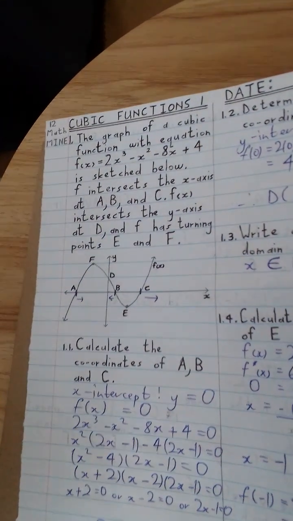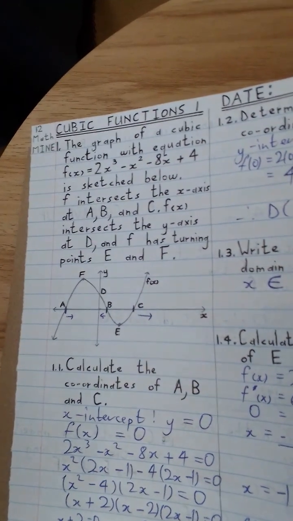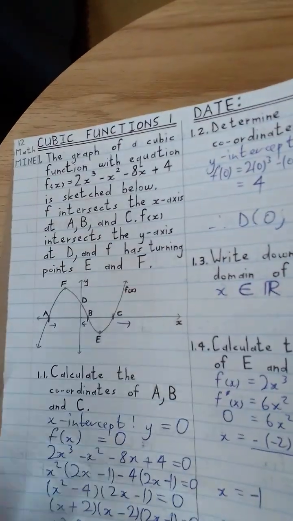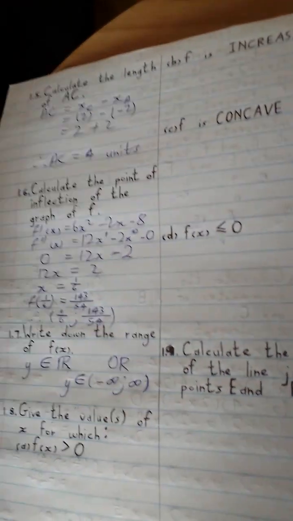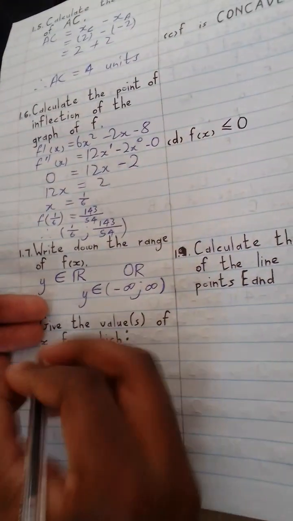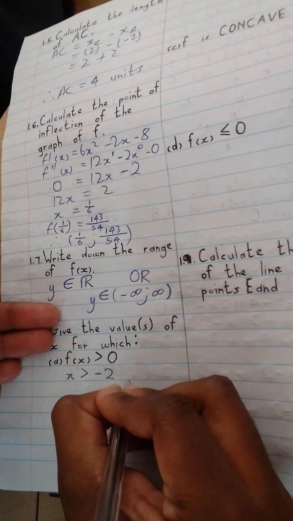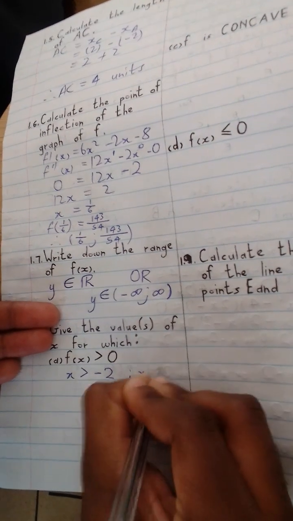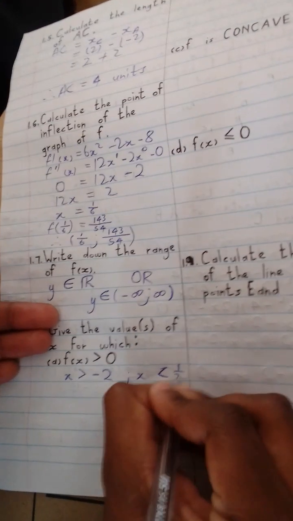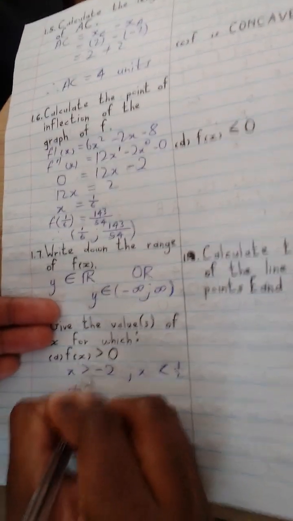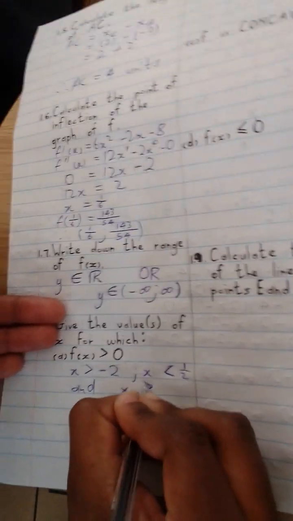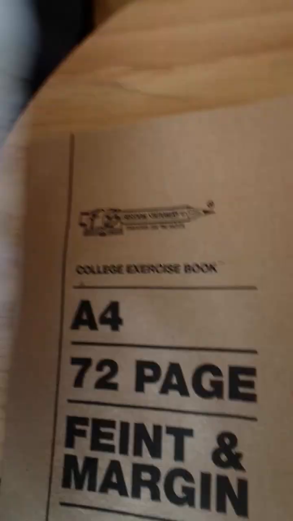So you write the separate solutions first, right? So x is greater than negative 2. X is less than half, right? And x is greater than 2, right?